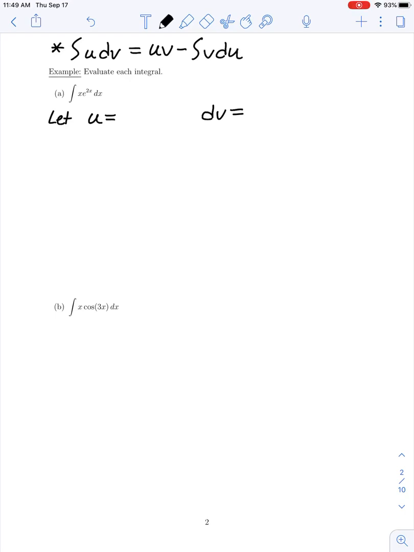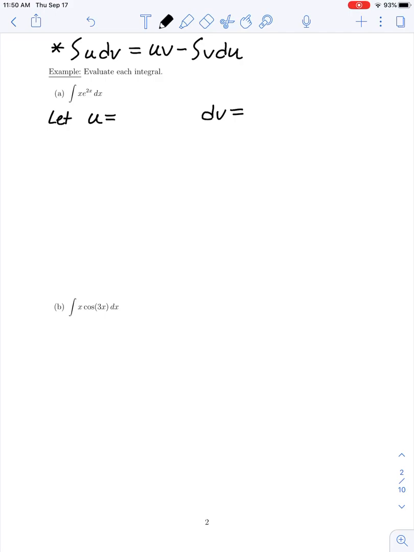I'll mention this is very useful to have memorized. Over the course of the semester, we'll use this formula so much that I suspect you'll memorize it naturally as you work through homework problems, but it helps to have it memorized early on.